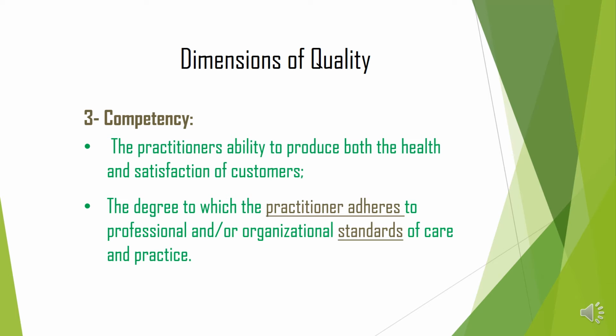Another definition is the degree to which the practitioner adheres to the professional and organizational standards for care and practice. So if any service is introduced by a practitioner and those services adhere to standards, we would call it competency. For example, our practitioner should be trained and qualified to give the service or to do the job required of him.